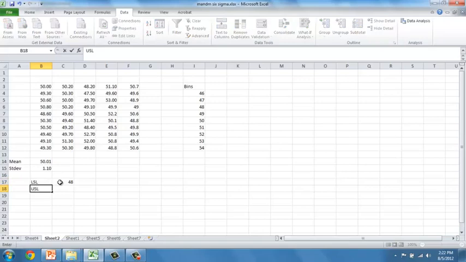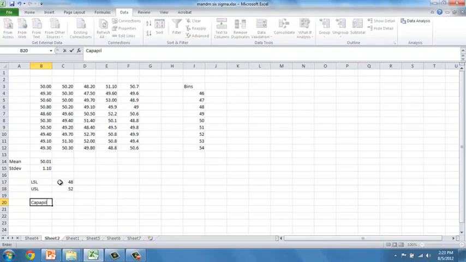Similarly, we speak of the USL, the upper specification limit, as the number that, if exceeded, we would call the bag defective. So let's say, for the sake of argument, that the bag is defective if they have more than 52 grams of chocolate in there. With these two numbers, I can compute a number that is known as the capability score.